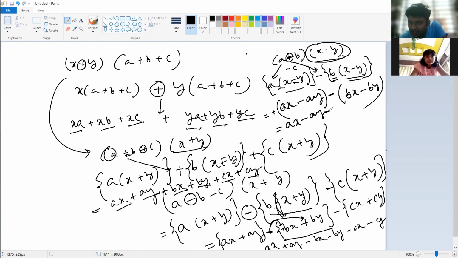So after the minus, if I open this bracket, this bx is actually positive, right? Nothing is there means it is positive. But this minus will affect this one and make it negative, minus bx. And this minus will affect this minus term and it will make it positive. That is plus by.